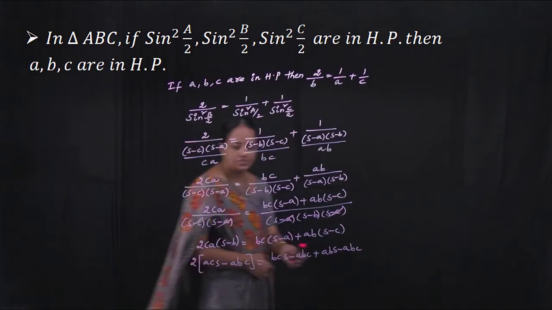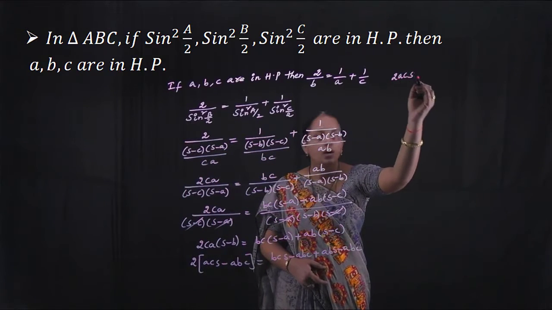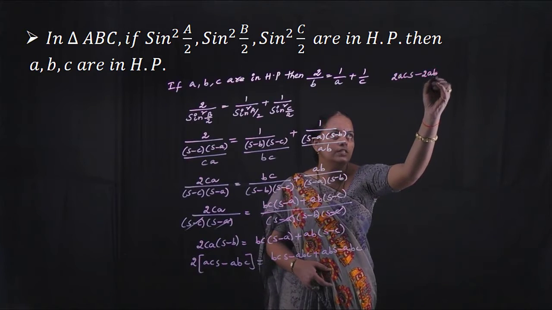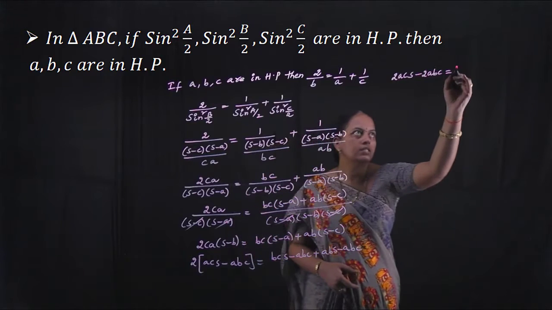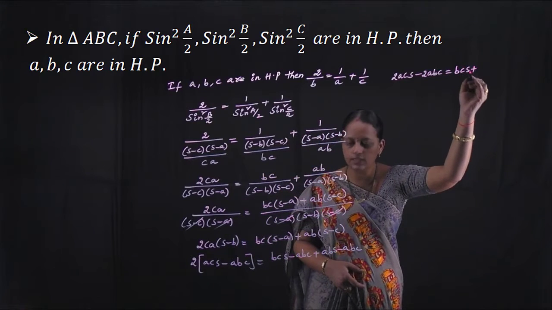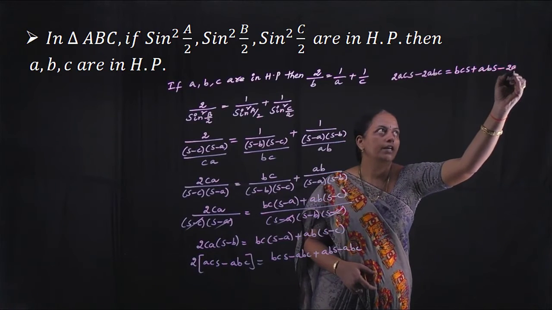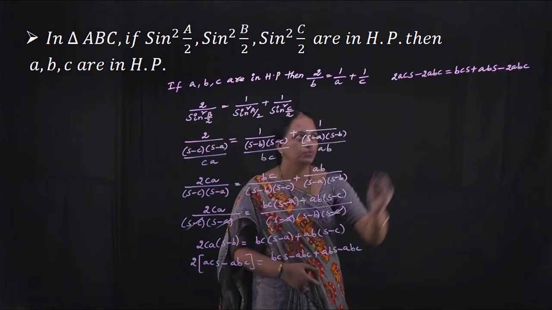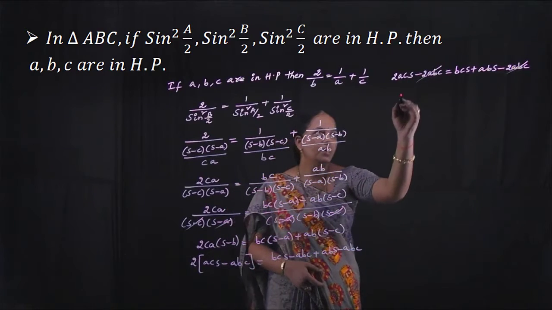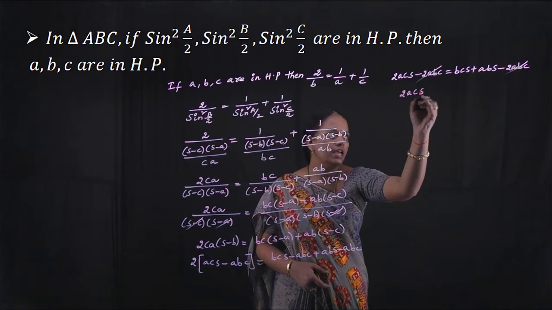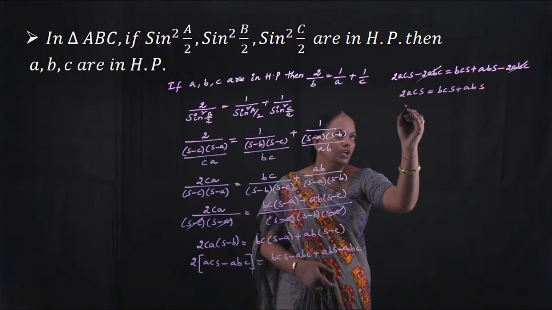From this we can write 2ACS minus 2ABC is equal to BCS plus ABS minus 2ABC. On both sides minus 2ABC cancels, and the remaining part is 2ACS equal to BCS plus ABS.